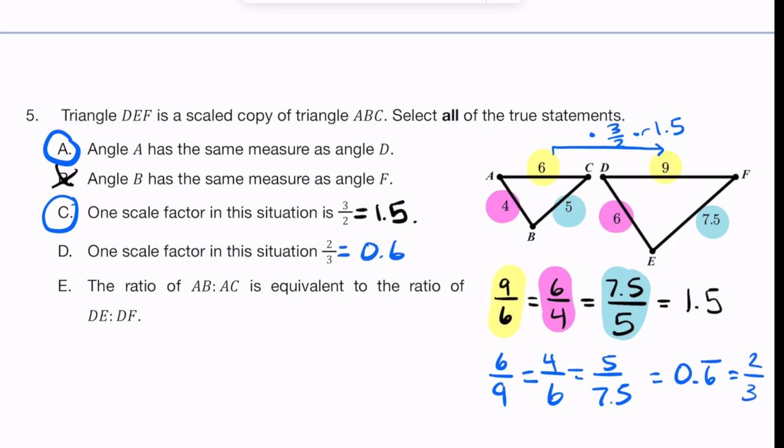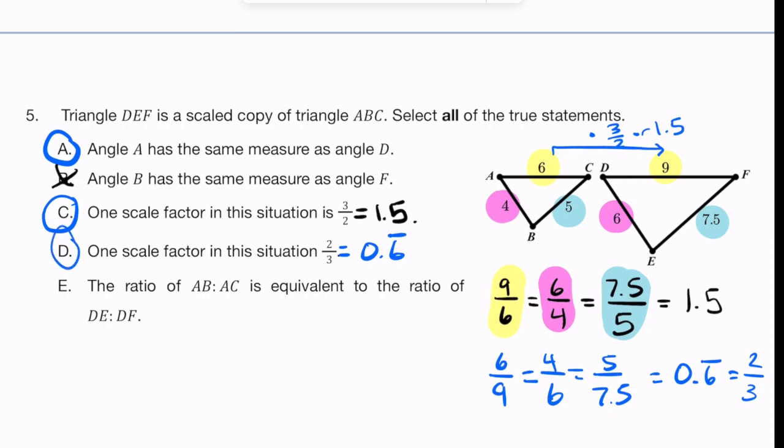Okay, so that's also going to be correct. Or without doing that, you could see that 3/2 and 2/3 are not the same, but they're reciprocals, so they're the flip of each other, and they're going to multiply to 1. So that is going to be the case.